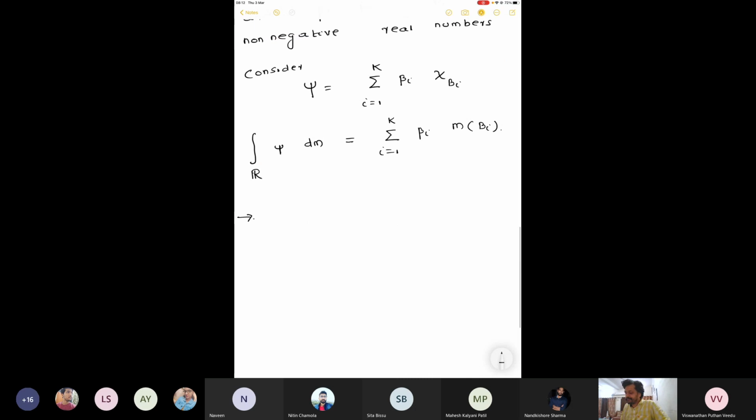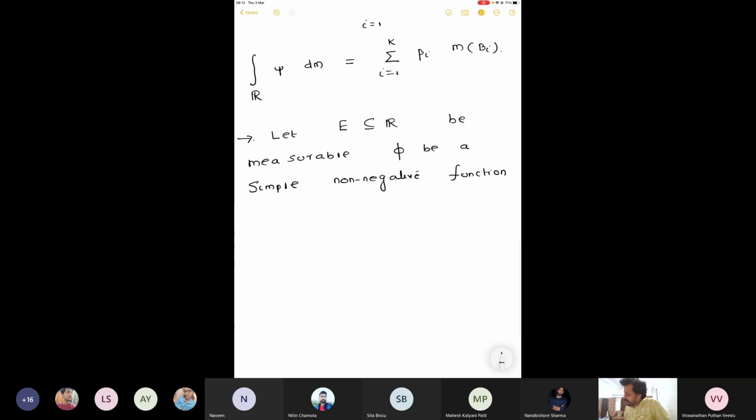So let E, a subset of R, be measurable and phi be a non-negative simple function. I would like to have the integral over E of phi dm.